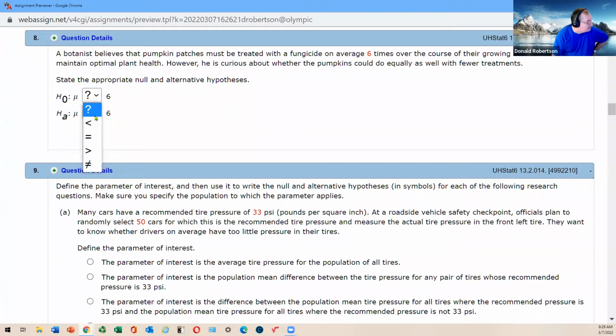Less than, equal to. Have you noticed it's always equal to for the null? You don't have a choice. And isn't it always equal to the same number that's used in the alternate? So if you're trying to prove something's less than 6, or bigger than 6, or different, not equal to 6.